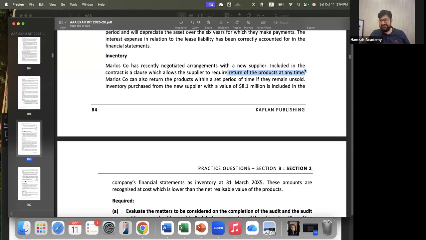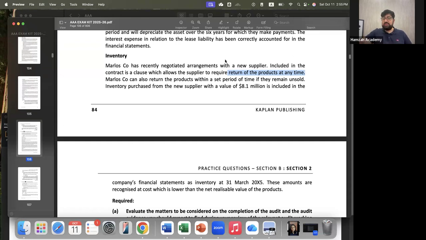Three parties are there. Then they can recognize it. Or any point is reached as per the agreement when this inventory is not returnable or the supplier cannot require the return. Any condition is met.